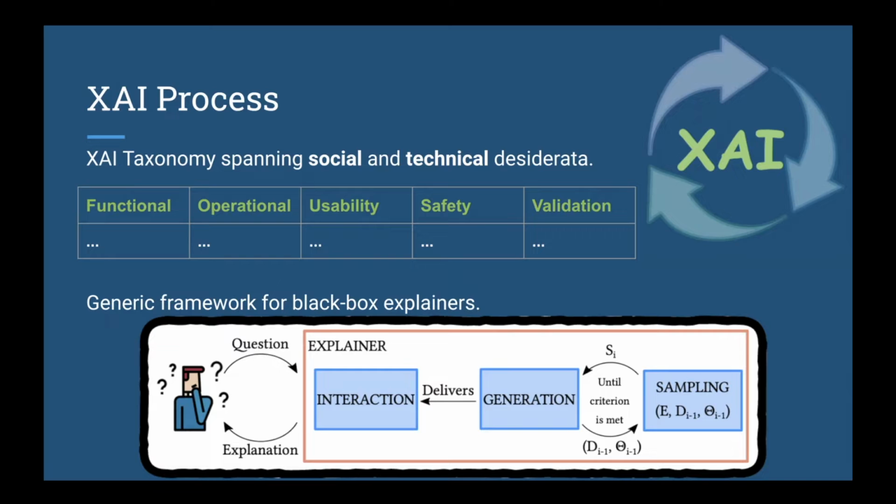Our taxonomy spans 5 different dimensions: functional, operational, usability, safety, and validation. And these give you some sort of framework for reasoning about explainers, describing them, or trying to understand what's missing or what can go wrong. Whereas the other one is, like I said, a fairly technical step-by-step development of black box explainers, but not necessarily covering all of the techniques available.